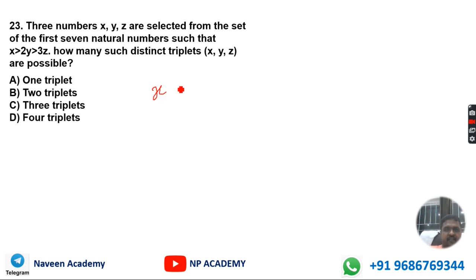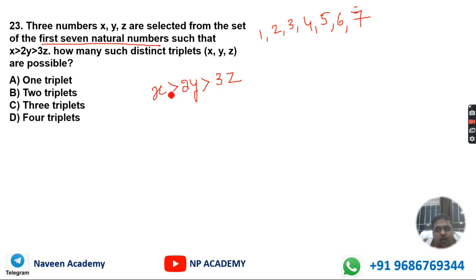See, my dear friends, they're talking about x greater than 2y greater than 3z, and they are telling the first 7 natural numbers. First 7 natural numbers are 1, 2, 3, 4, 5, 6, 7. Since x is greater than 2y and 2y is greater than 3z, x is more than y, and y is more than z.